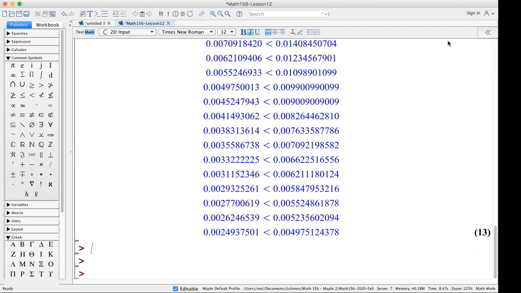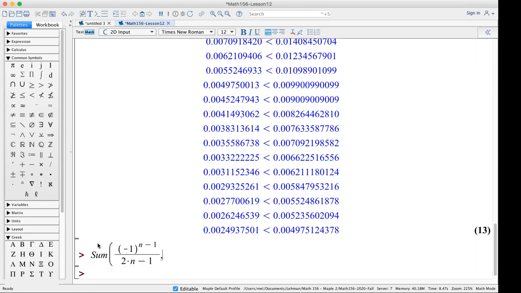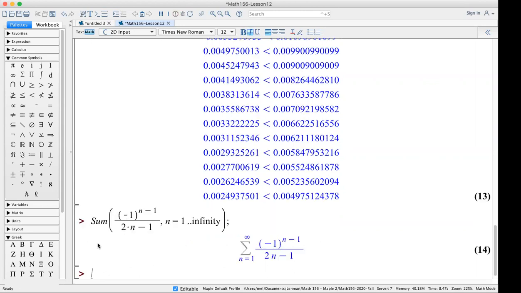For example, the sum of (-1)^(n-1) over 2n minus 1, as n goes from 1 to infinity.